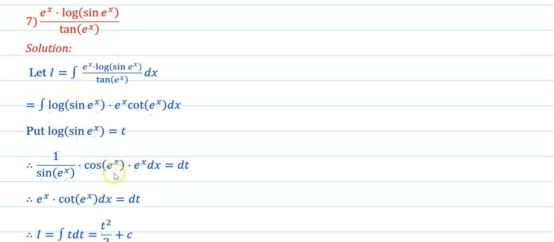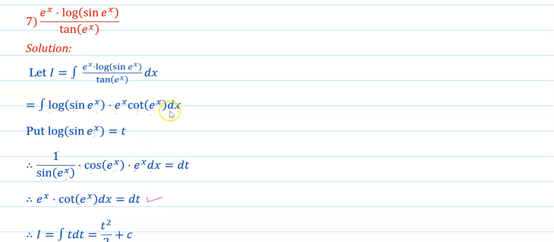Again it is a composite. Derivative of e raised to x is e raised to x. Now cos of e raised to x upon sin of e raised to x, it is cot of e raised to x into e raised to x, and that is equals to dt, and hence we have the value e raised to x into cot of e raised to x into dx. Its value is dt.